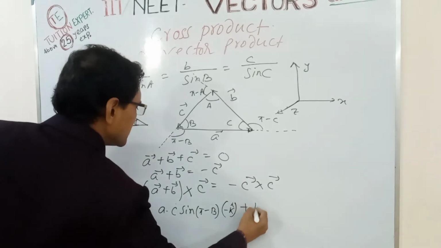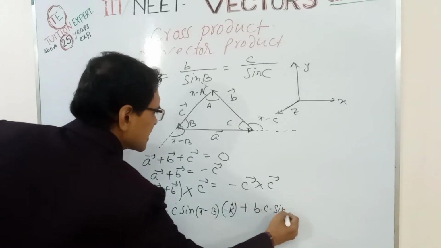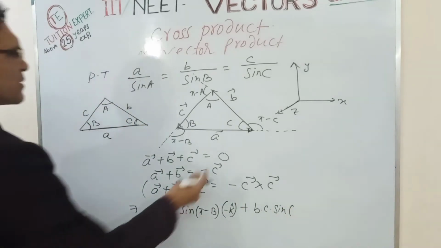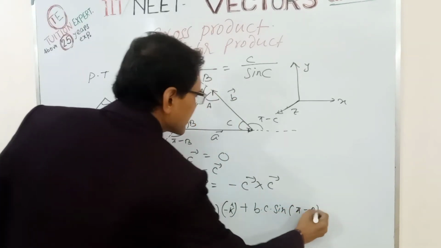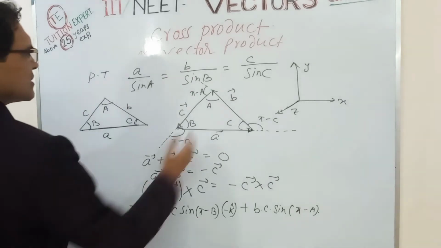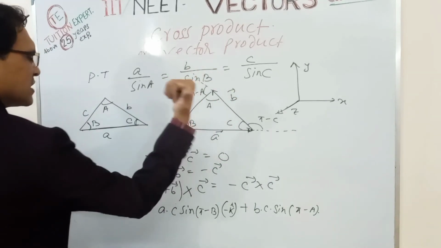Plus b cross c with magnitude b c sine of the angle between b and c, which is sine of pi minus A, along k.